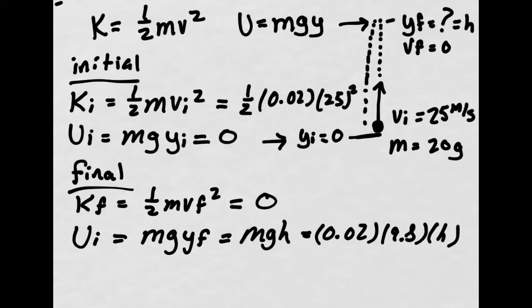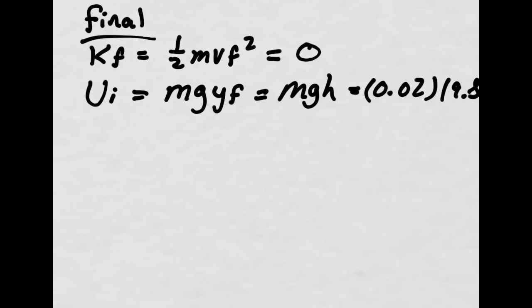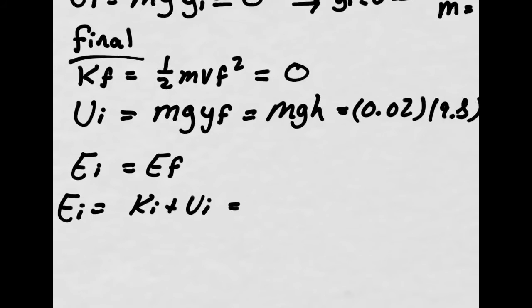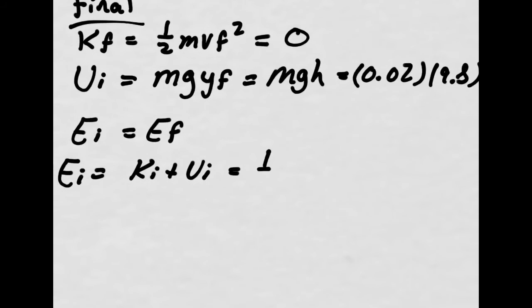We now get to use the conservation of energy. So that is the energy initial equals the energy final. Energy initial is K initial plus U initial, and that is 1/2 0.02 times 25 squared.